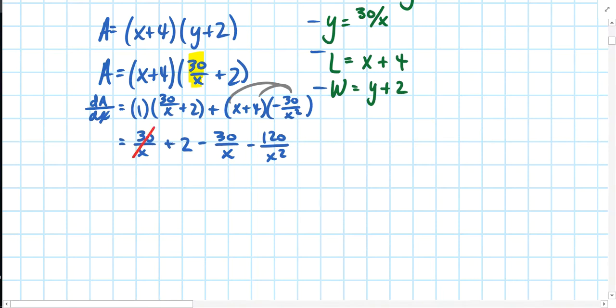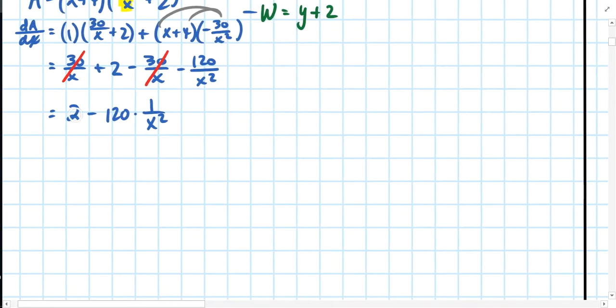Well, that's interesting. This 30x take away this 30x is going to be 0, and what we're left with is now 2 minus 120. I'm actually going to write it this way for emphasis here. Minus 120 times 1 over x squared.